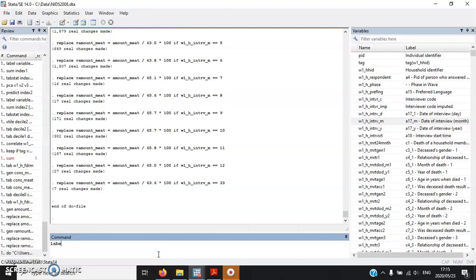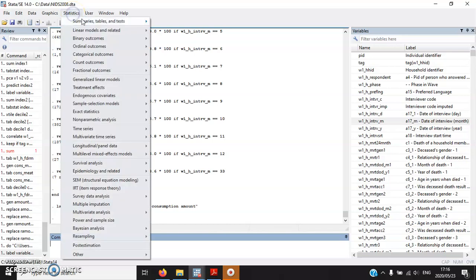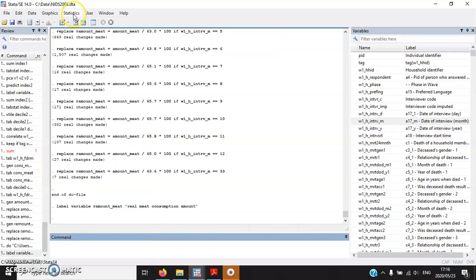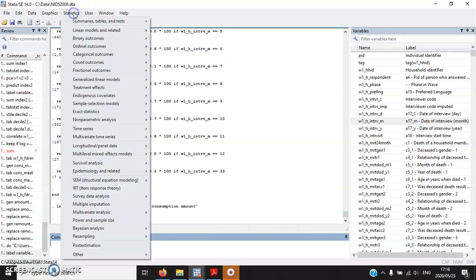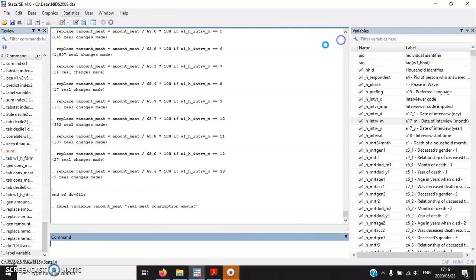Okay, then we can give a label, R amount meat. It will be real meat consumption amount. Okay, then we can really derive the real meat consumption per household income decile, or decile 0. So statistics, first option, third option, first option.